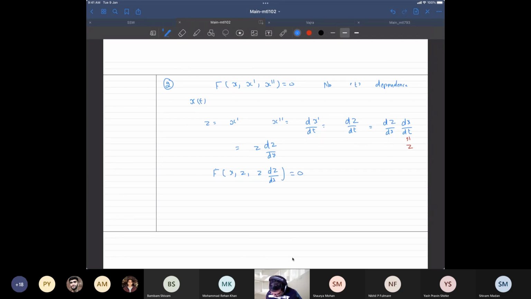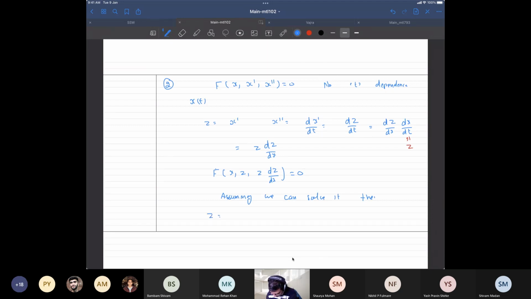Now you solve this, assuming we can solve it. Then you get z as a function of x.